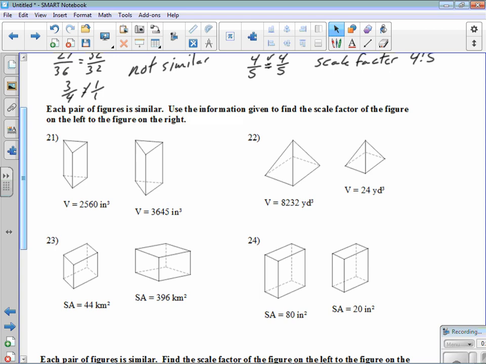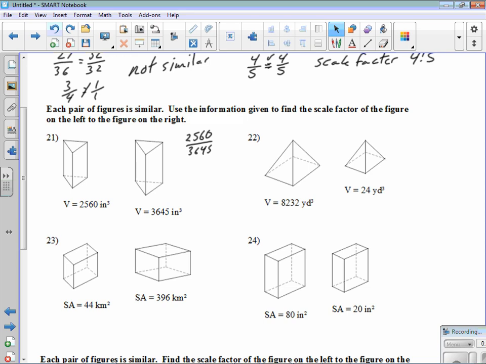All right, so first off, from left to right, looking at 2560 or 3645. And both of those I can tell divide by 5.